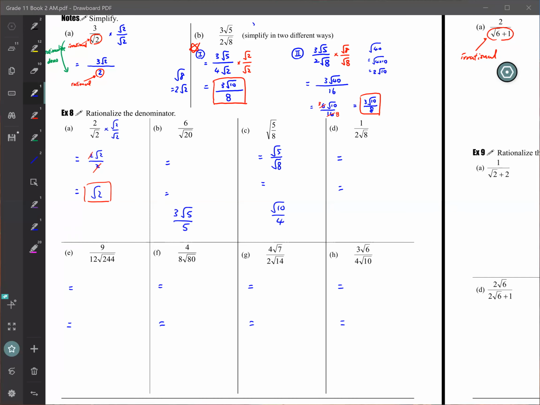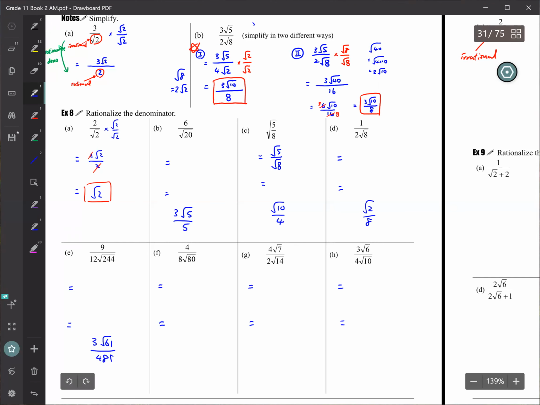Root 2 over 8. Okay. And Sarah, question E? 3 root 61 over 488. Wow, big number. Okay. Yosher, F? Root 5 over 40. Okay.